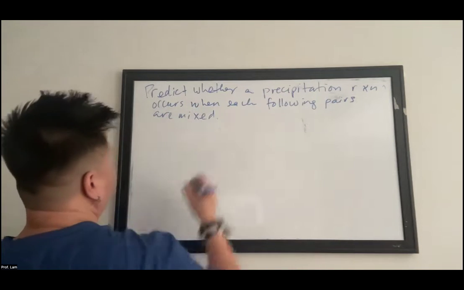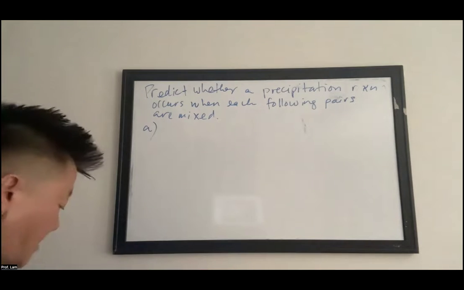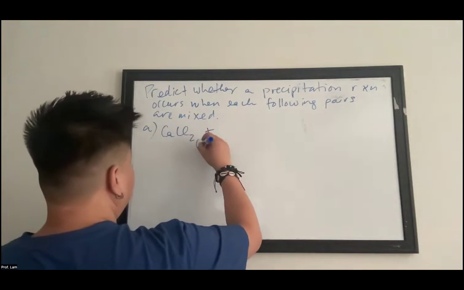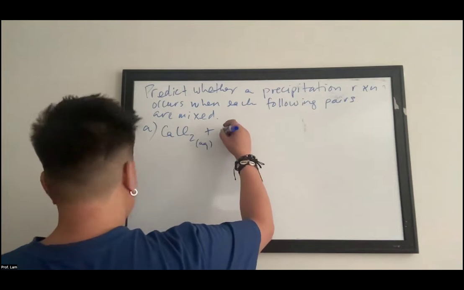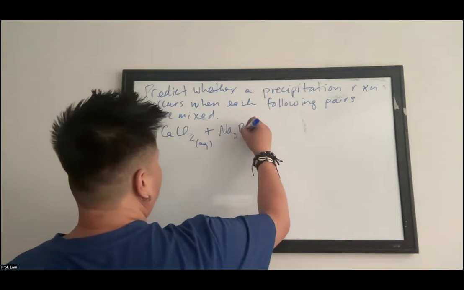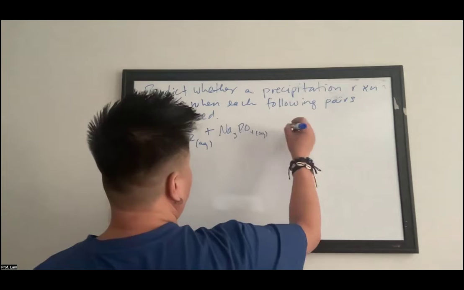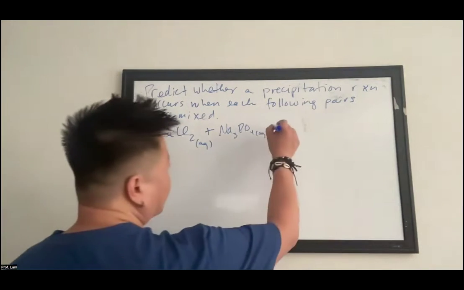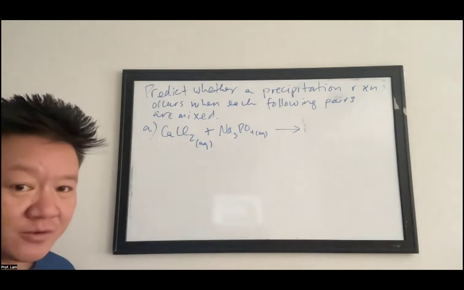Something like that, right? And so let's say A, the pair is CaCl2 aqueous plus Na3PO4 aqueous. First thing you've got to do is predict the products.